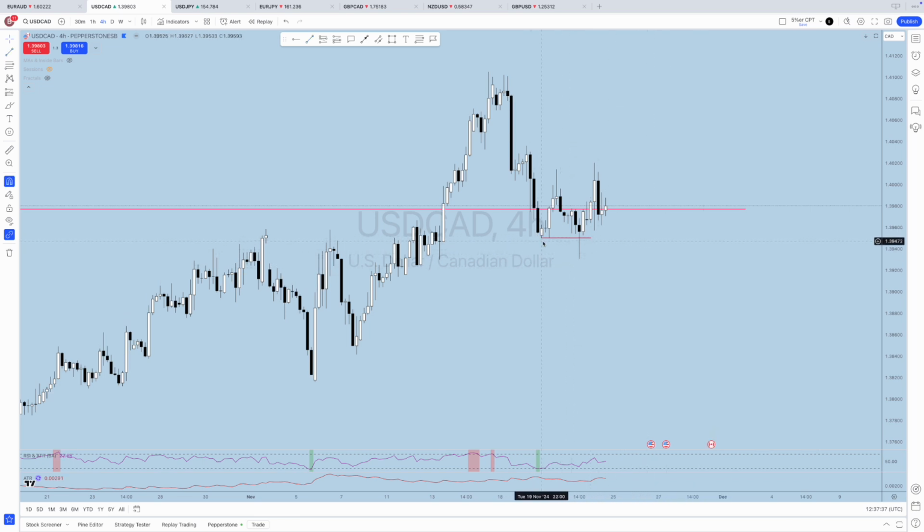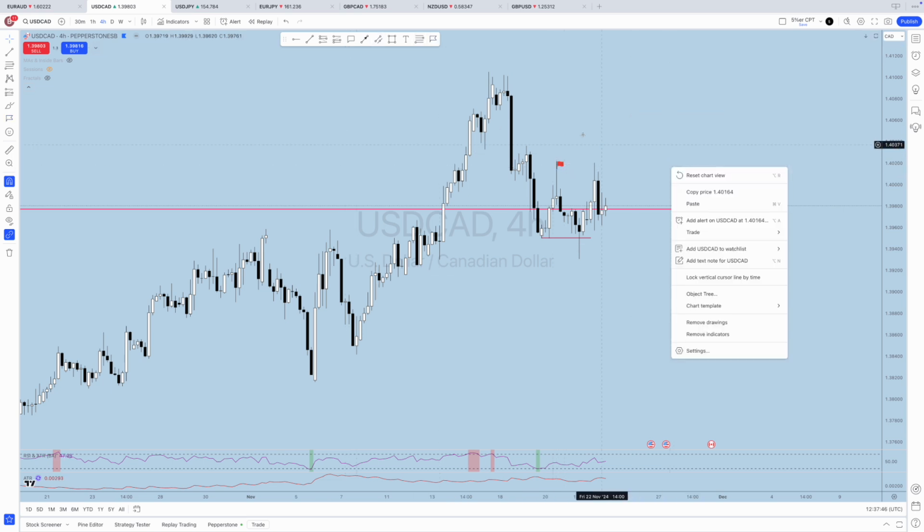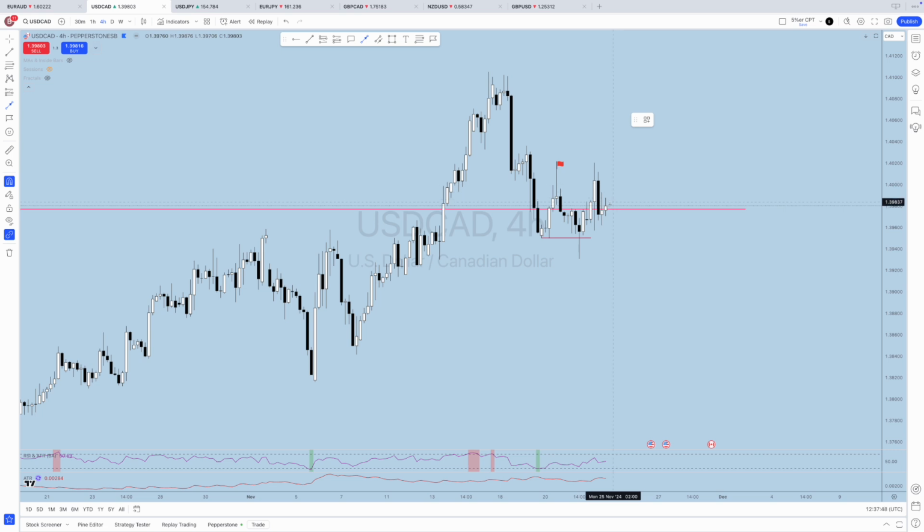So low level was established, price retraced, faked out, and now I'm looking for this structure to be broken. So if price breaks the level, then retest it, I'll be looking for a long.